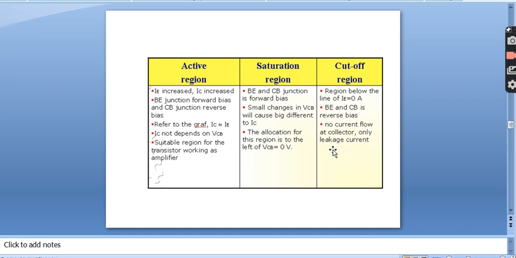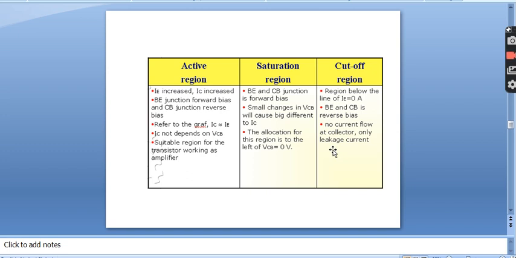Due to this forward bias connection, a small increase in VCB causes a big difference in the IC current. So in the graph, the saturation region is denoted to the left of VCB equal to 0.